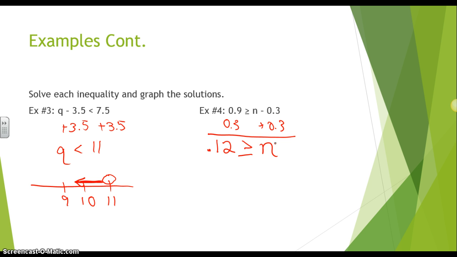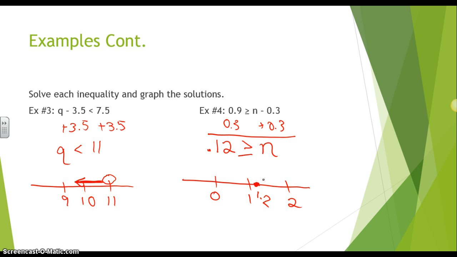So now let's graph this. Here's my number line: 0, 1, 2. 1.2 is going to be real close to 1, maybe about right there. We can label it 1.2.